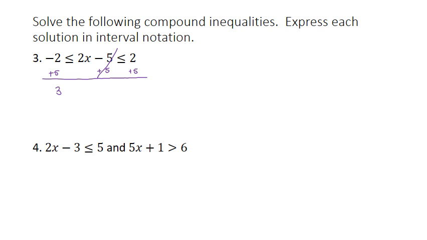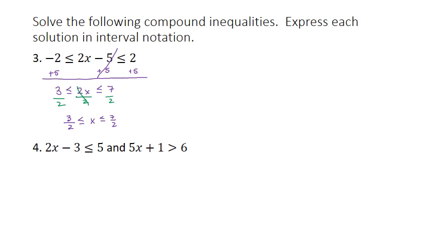Negative 2 plus 5 is 3, which is less than or equal to 2x, which is less than or equal to 2 plus 5, which is 7. And then if I divide everything by 2, it cancels in the middle, but you notice that nothing simplifies on the outside, so that's fine. So 3 halves is less than or equal to x, which is less than or equal to 7 halves.